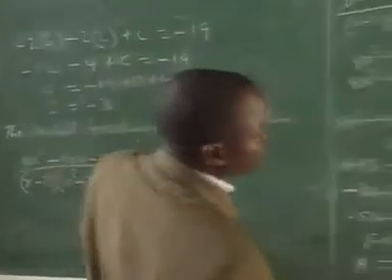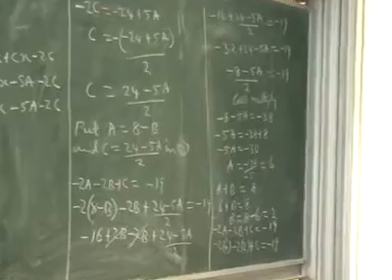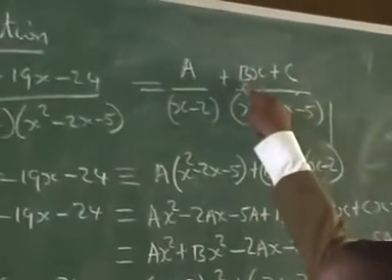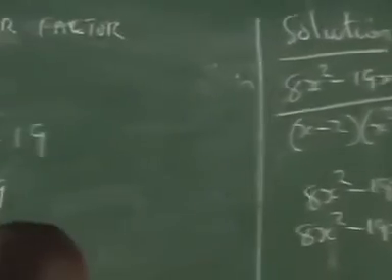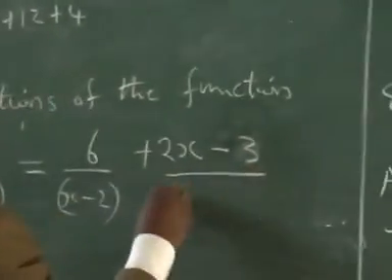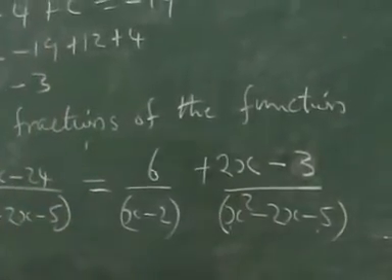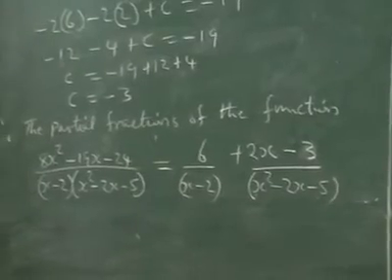Then B gives us 2 plus 2x, we say Bx, so we put 2 in place of B. Bx minus C, because C is minus 3. So we have minus 3 all over x squared minus 2x minus 5. So this is the partial fraction of this. And that is the way it is resolved.